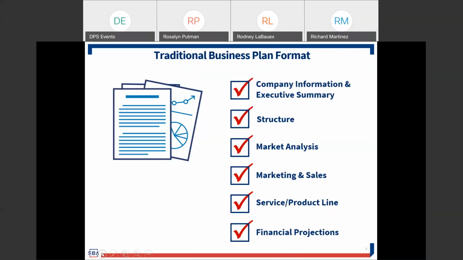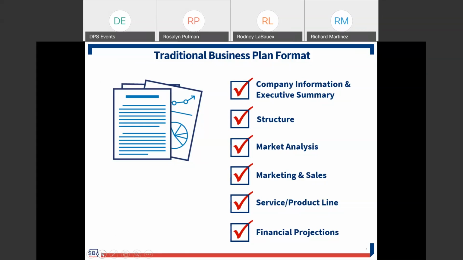Now we're going to talk about a traditional business plan. It's important for small businesses to have a business plan. A business plan directs you on where you're going. Your company information and executive summary tell what your company is and why it is successful. Your structure describes your company.